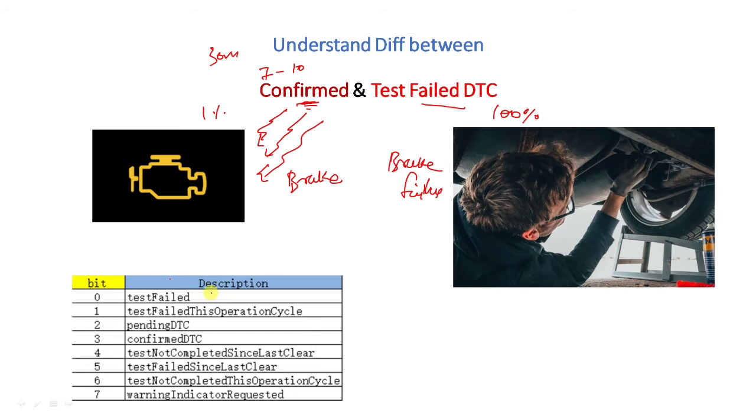So here test failed is the zeroth bit, then the failed operation cycle, pending, and confirmed is the third bit. Once the confirmed DTC has failed and all triggers are set, if the particular DTC is mapped with the warning indicator requested, then that will also be set to 1. So now the difference is, here it is an initial level issue, here it is a 90 percent and above issue.